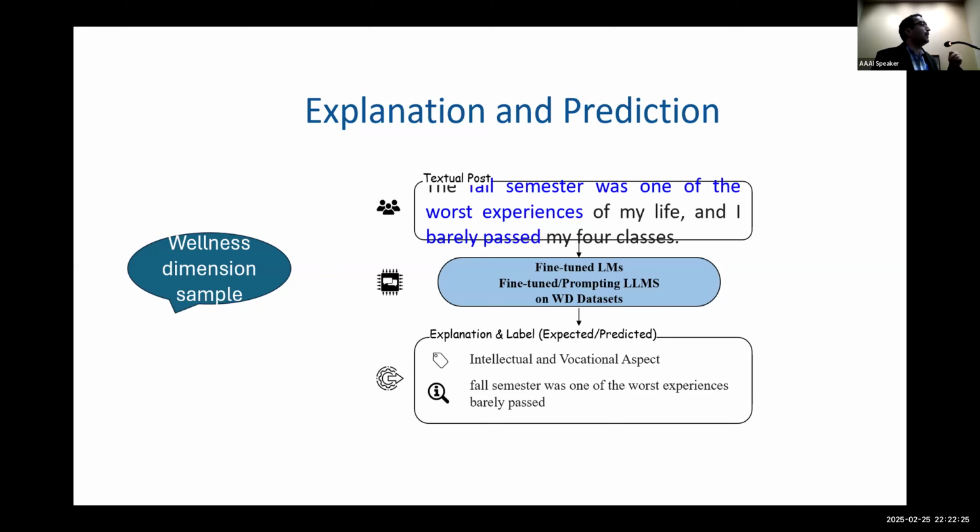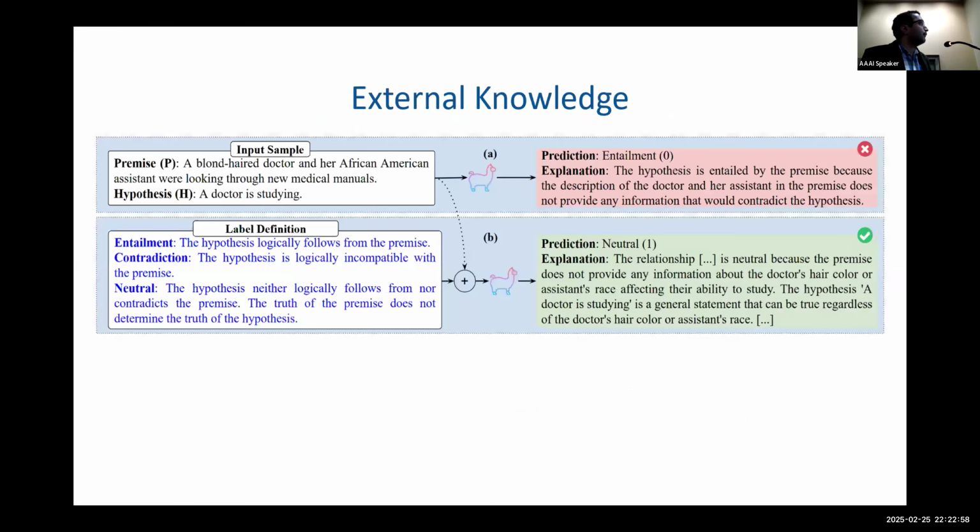So we want to check if the model also focuses on the same things that experts focus on. We will try fine-tuning LLMs and prompting LLMs, and we try these two wellness dimensions. What we are expecting is a label and an explanation. So this is the entire framework that we consider, as an example.